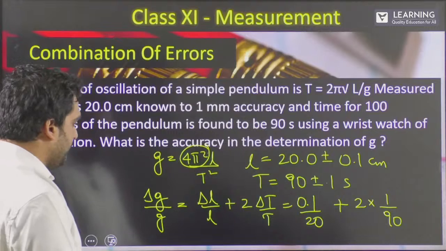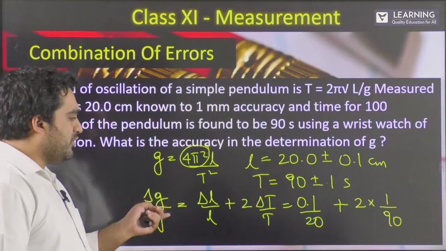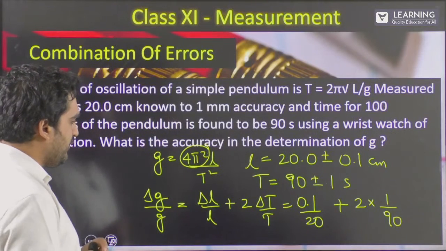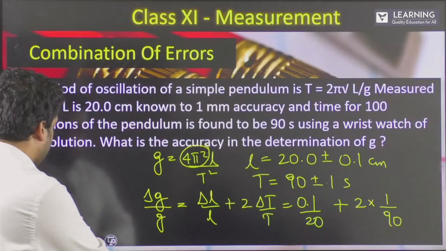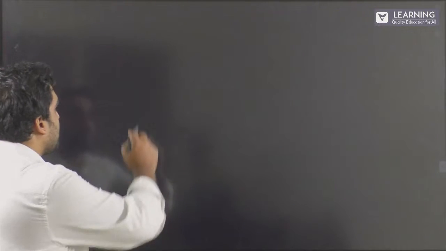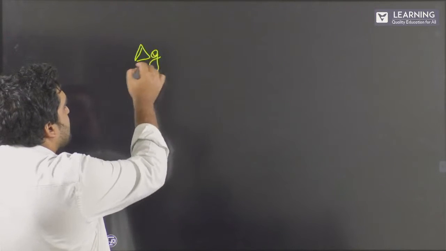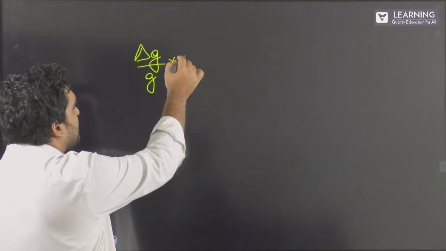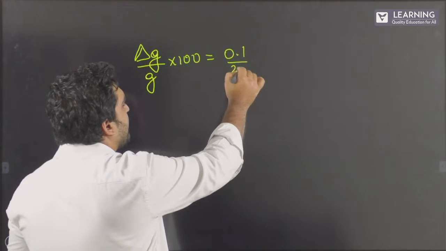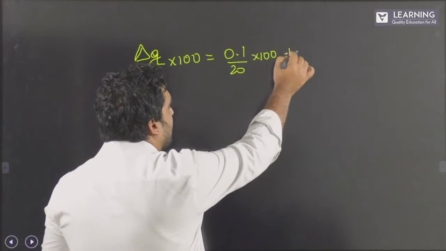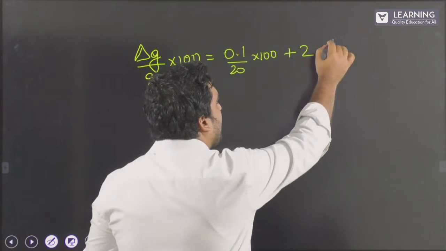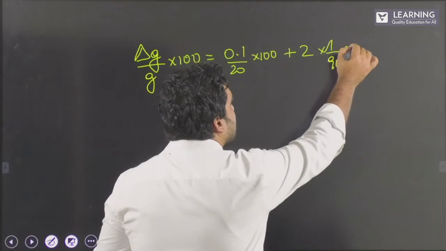Make a note of this. I will be moving on to the next slide, so I don't have space here to solve. I'm going to determine this accuracy as a percentage, so I'm going to multiply it with 100. So 0.1 divided by 20 times 100 plus 2 times 1 by 90 times 100.